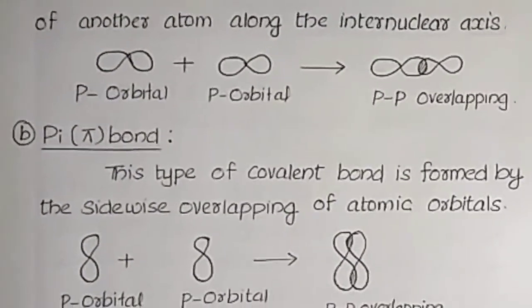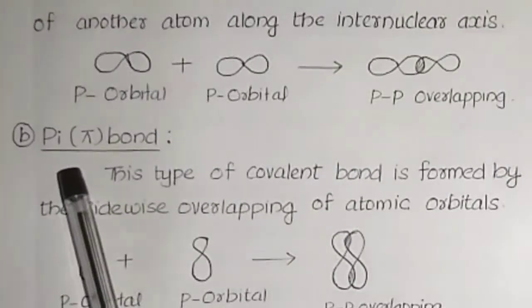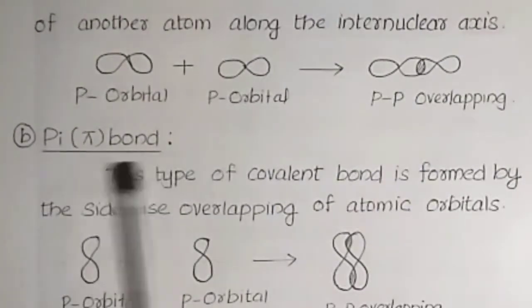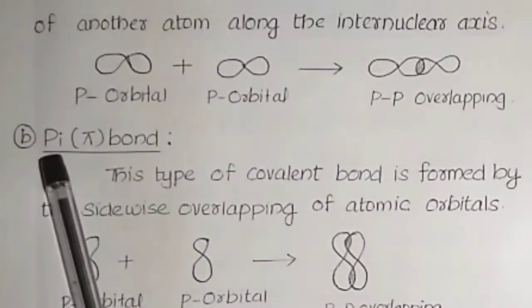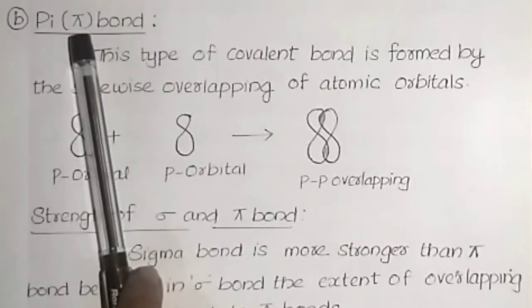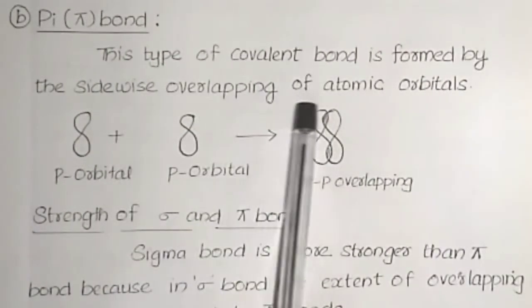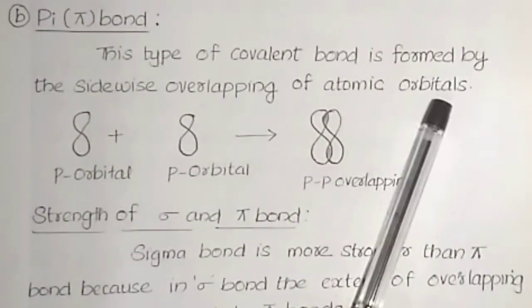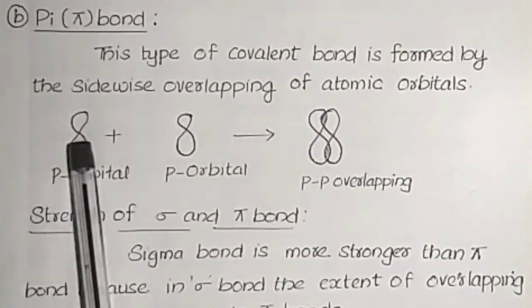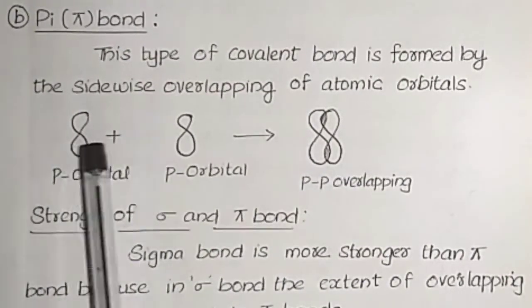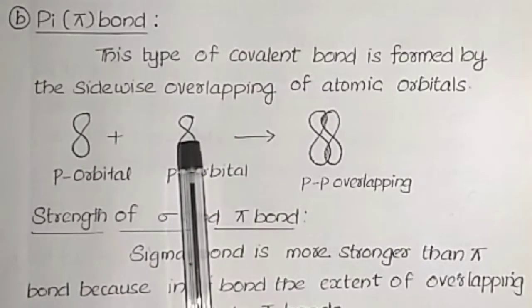Then the next type of covalent bond formed by orbital overlapping is the pi bond, denoted by the symbol pi. This type of covalent bond is formed by the sidewise overlapping of atomic orbitals. This is a p orbital of one atom and this is a p orbital of another atom.